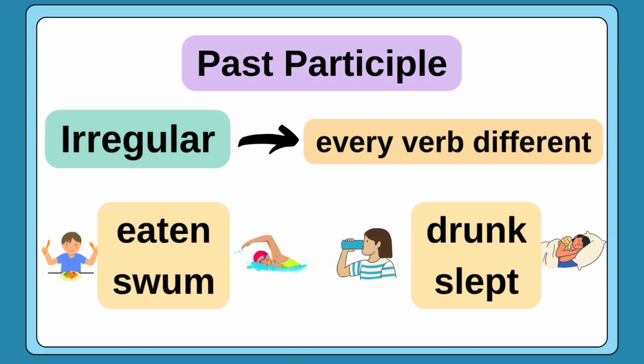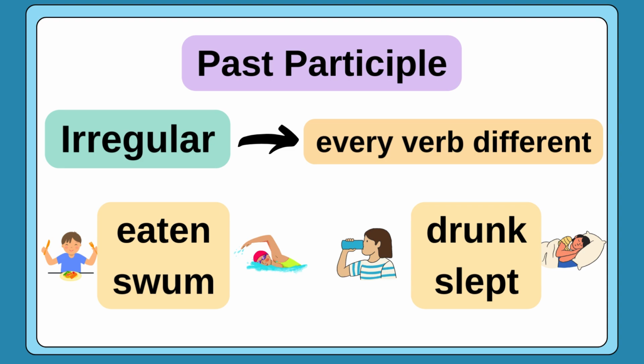English has many irregular verbs in the past participle, and they are different than the past tense. So for eat, the past participle is eaten. Remember that the past tense of eat is ate, so you can see that eaten is different than the past tense.